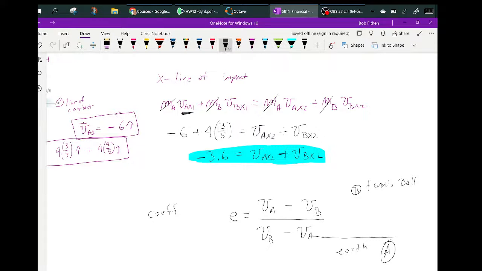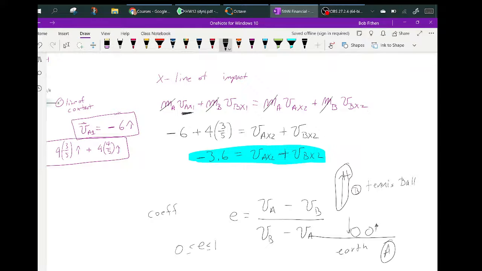Well, here's what's funny. The ball is about to hit with a certain velocity. And let's make this positive. And then it's going to come off the wall at a slightly slower value. And the coefficient of restitution has to be between 0 and 1.